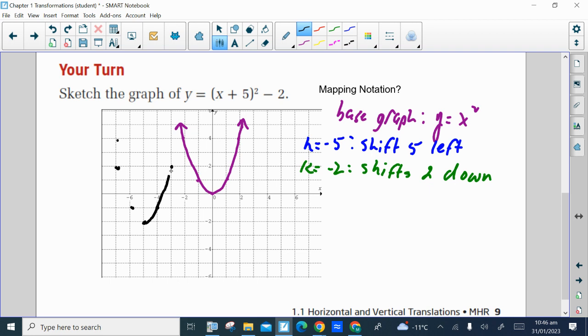So here's our new points, our new graph. Our mapping notation: it went 5 to the left, so you're subtracting 5 from the x values. 2 down means you're subtracting 2 from all the y values.